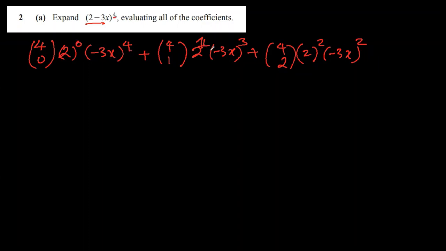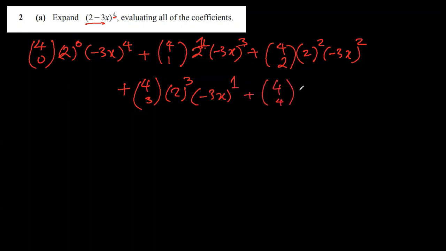0 plus 4 is 4, 1 plus 3 is 4, 2 plus 2 is 4, plus 4c3, 2 to the power 3, minus 3x to the power 1. And finally 4c4, 2 to the power 4, minus 3x to the power 0.